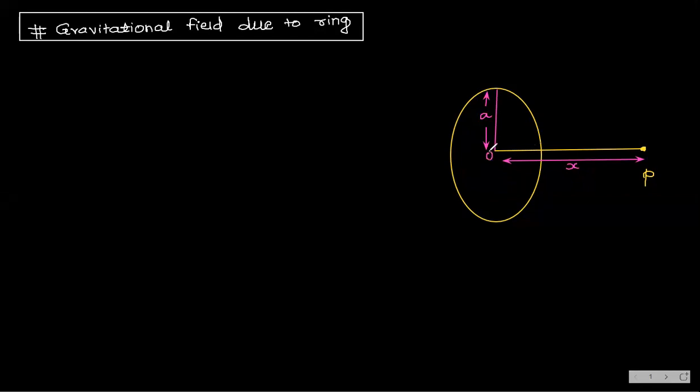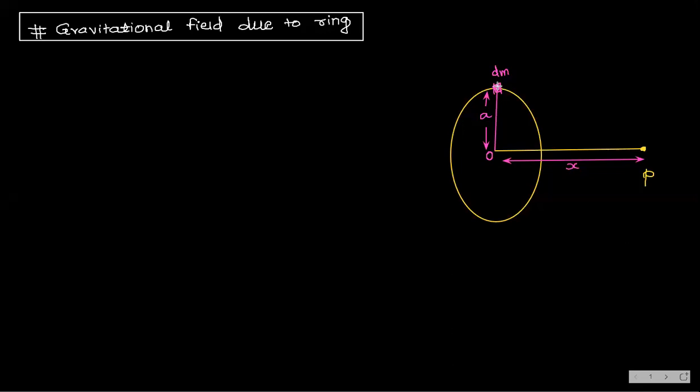And let us suppose this point is O, that is the center of the ring. Clear? And let us assume that this is one small mass on this ring, that is dm, I'm taking at this point.